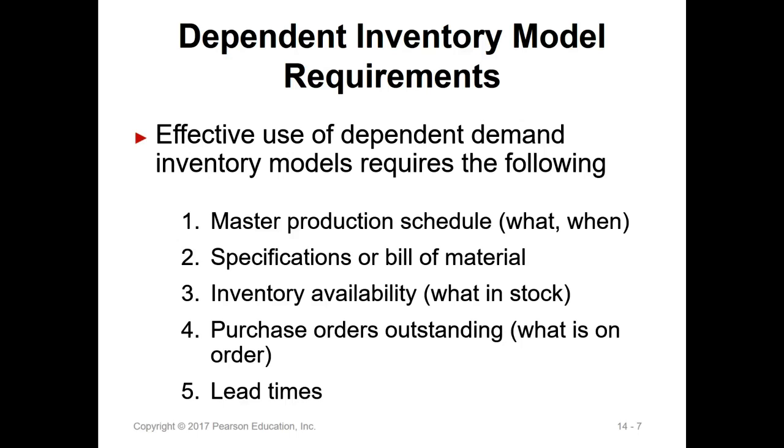You need to understand which parts have been ordered and when they will be received. And of course, lead time must be known when they use this dependent demand inventory model. So these 5 conditions will help us make just-in-time inventory, and help us order the parts when they are needed.